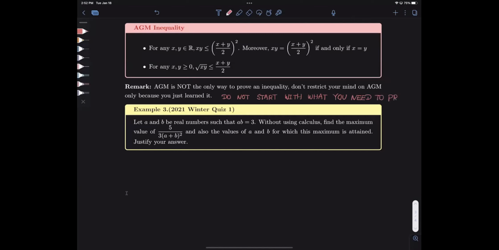So what do you start with? You should always start with a basic fact or something you know that's true. For example, AGM. Okay, those are what you need to start with.